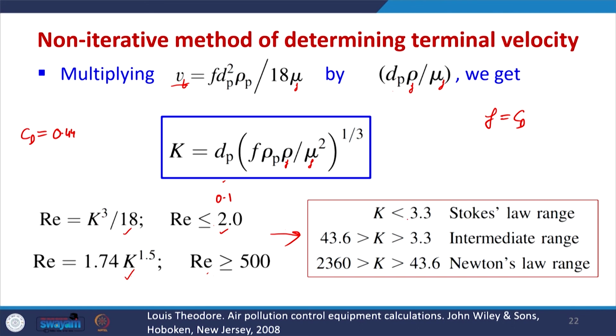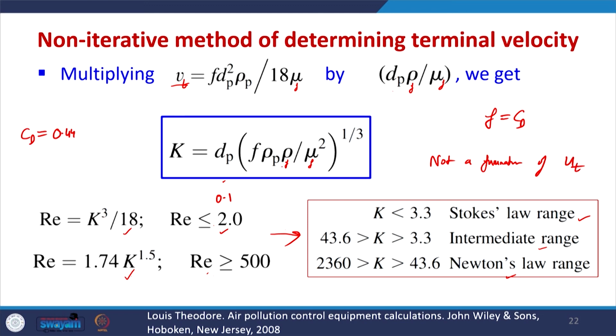So, if the K determined by this particular equation is found to be less than 3.3, it is Stokes law region, and if it is in this range, it is intermediate or Newton's law region. So, what we do is that we find out K here, and this expression is not a function of ut.